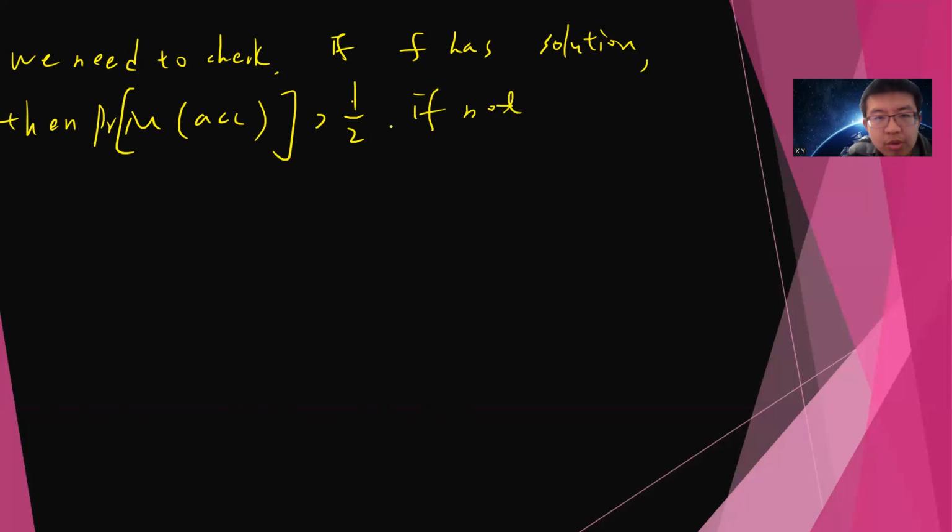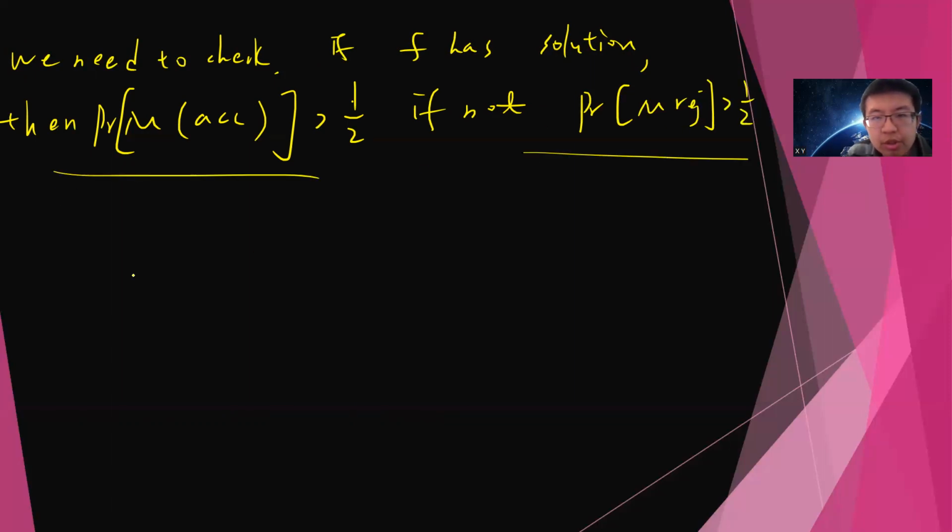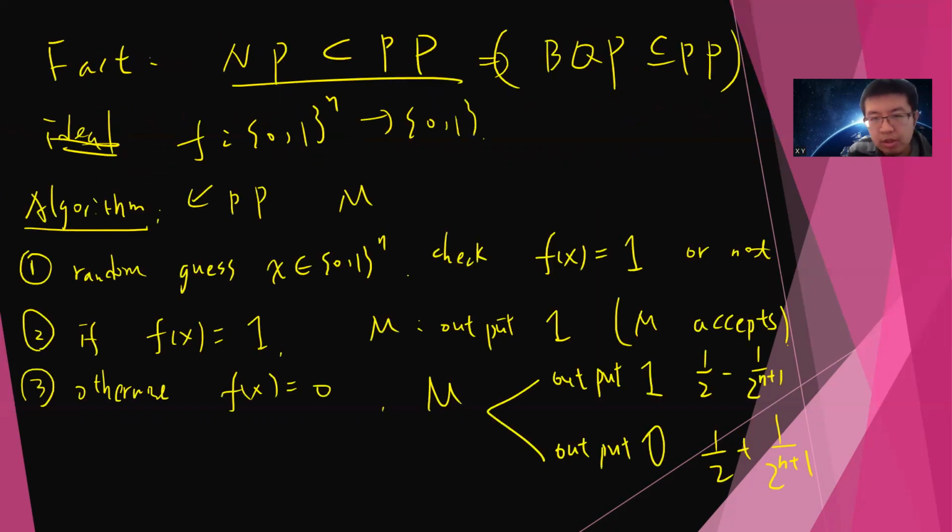If not, we need to show that the probability of M rejecting is also greater than half. Show this fact, because then we prove that NP is a subset of PP, because given the Boolean circuit or Boolean formula, this PP machine can really solve this problem.